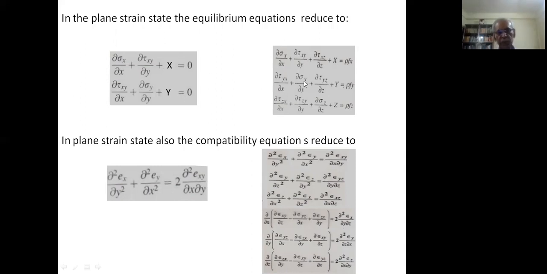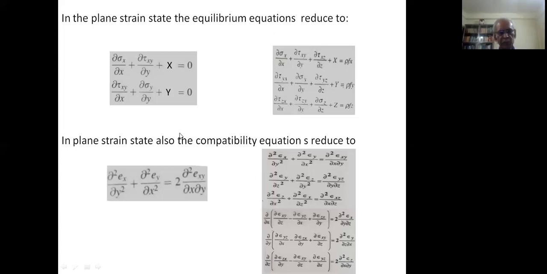If you apply the plane strain conditions, you will get this, because epsilon xz and epsilon yz are 0, so tau xz and tau yz are also 0. So these two terms will be 0, and the last equation also will be 0. So we are left with only two equations in a simple form.